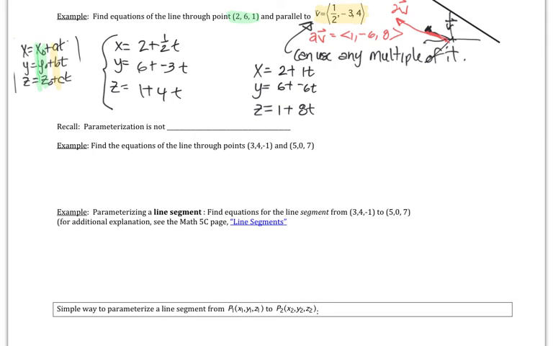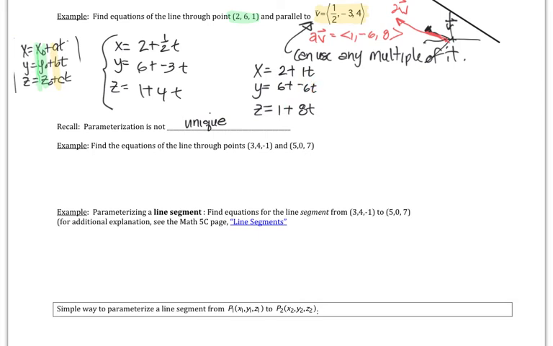And so when you go to check your answer in the back of the book, it doesn't look the same, and you think, I've got a different line. They're not. They're the same line. Parameterization, something that you should have learned back in section 10.1, is not unique. There are many different ways to parameterize any given curve.